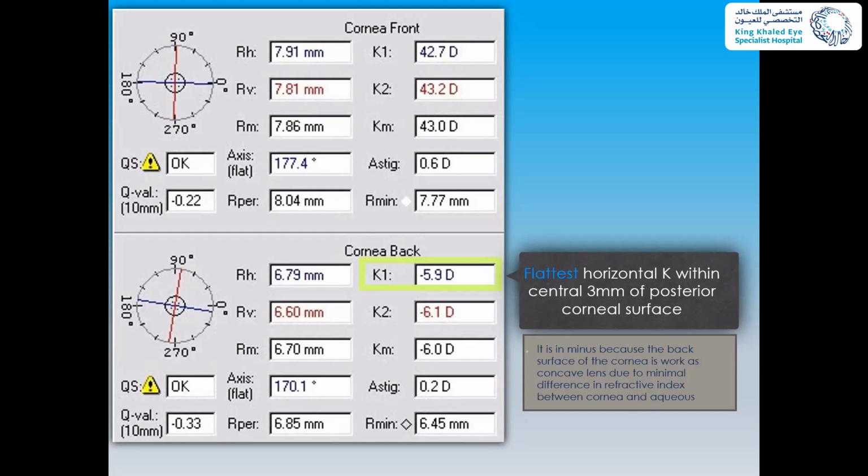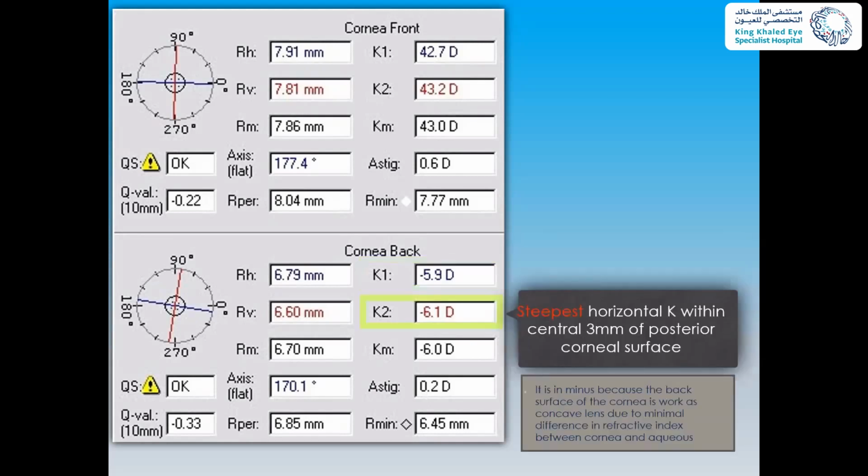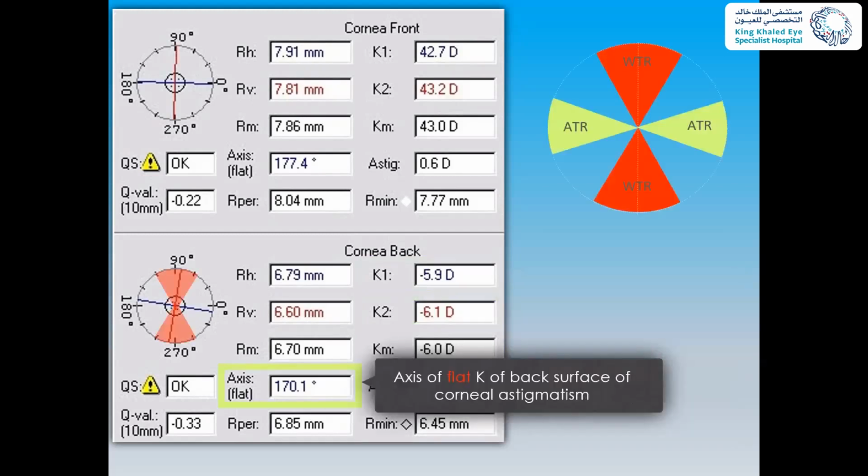Compared to the anterior surface, which is convex against air, the posterior cornea versus the aqueous is concave, and that's why it is in minus. So K1 is minus 5.9 diopters, the steepest is 6.1, again in minus. It also tells you about the axis, which more or less corresponds with the anterior surface, meaning this is probably a youngish patient.